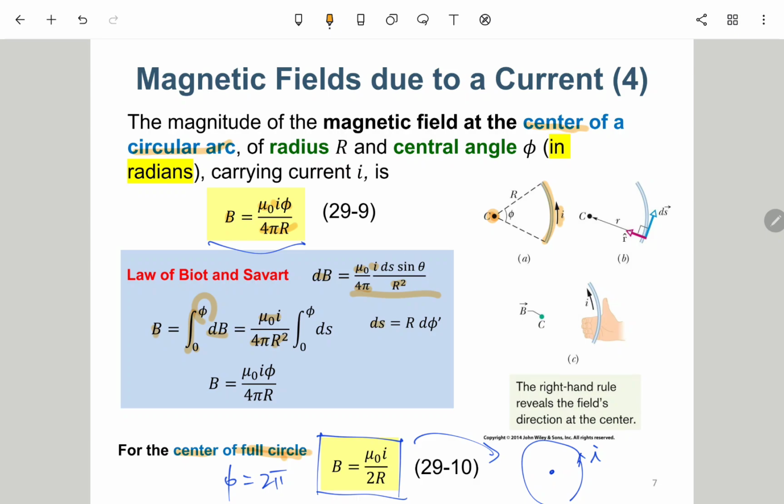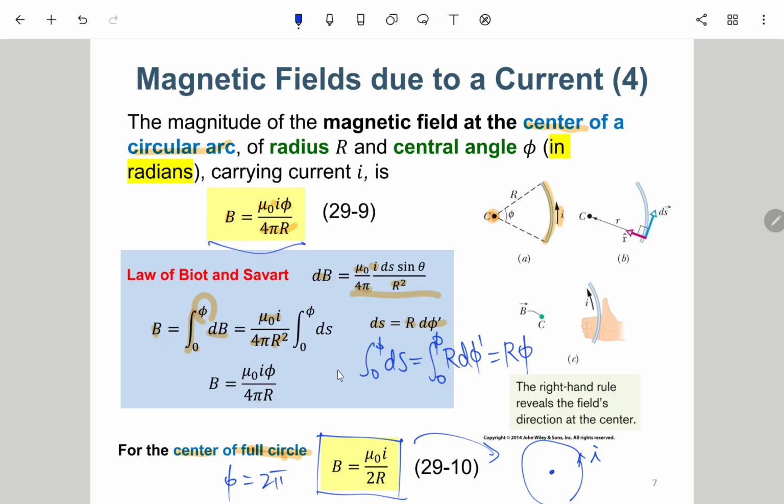In that case, ds is actually R times d phi, with the polar coordinate. In polar coordinates, ds is the radius times the d angle. So the integration of ds from 0 to phi is the integration of r d phi prime from 0 to phi, which is r phi.